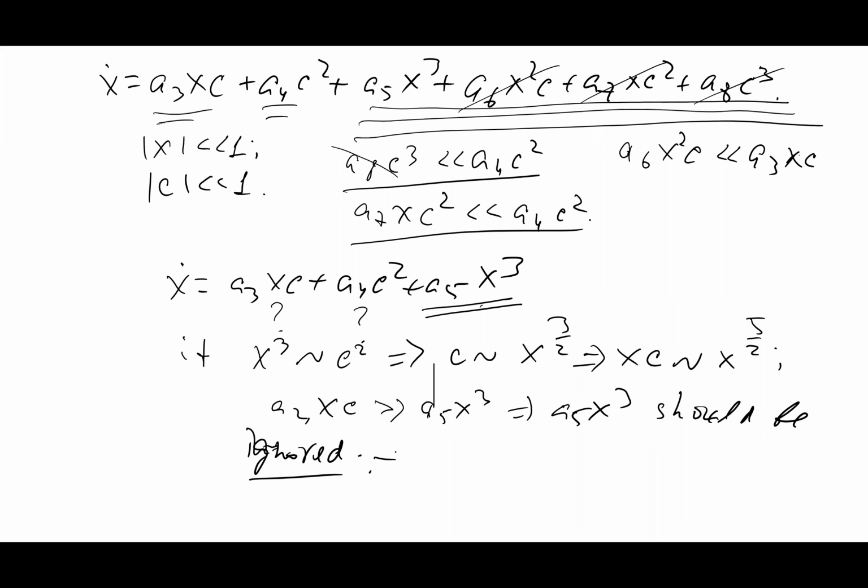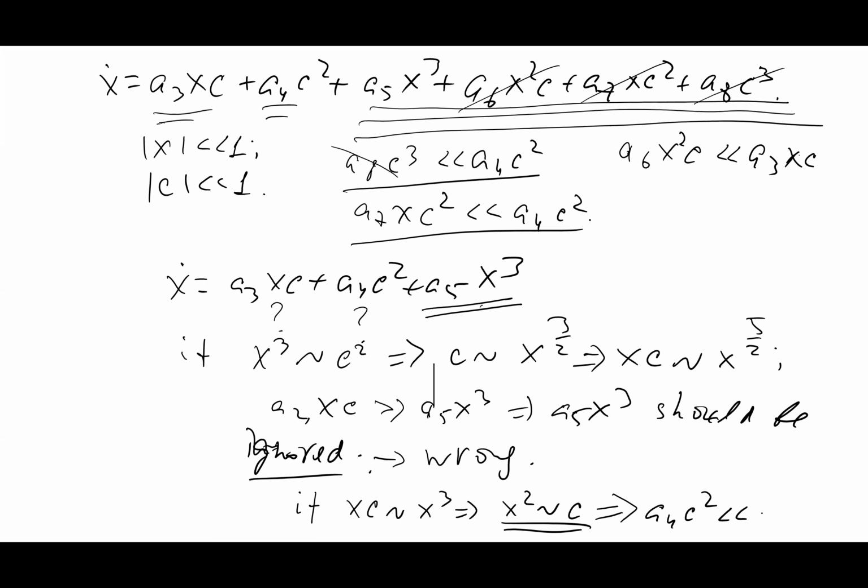This is wrong. Therefore, the only option we have is if xc is of the same order as x cubed, which means that x squared is of order of c. Then it is fine. And in this case, it means that A4c squared is much smaller than A5x cubed and can be ignored.